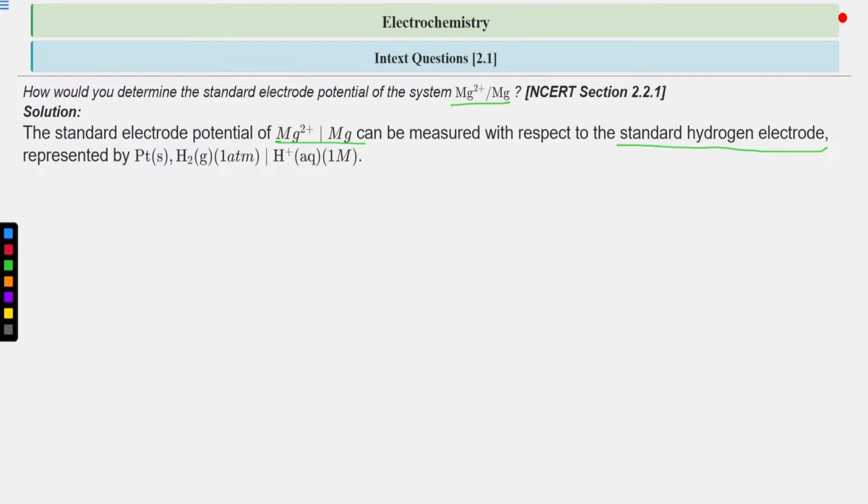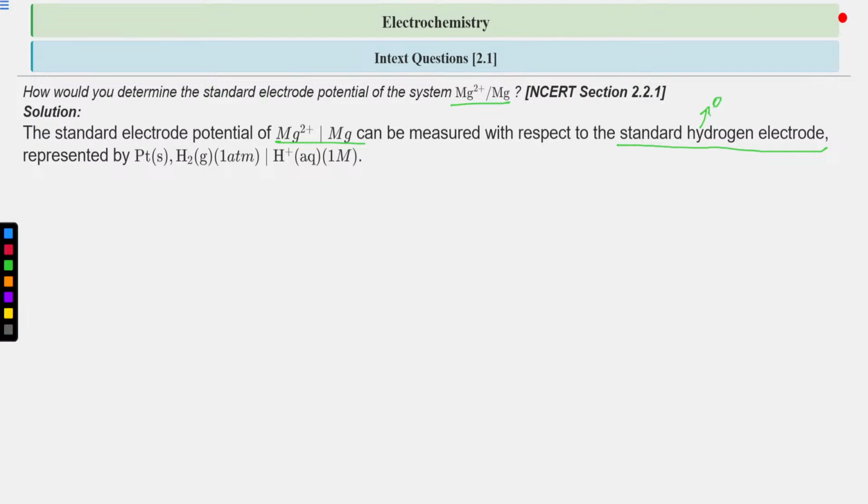Now we have only been provided one half cell, so you take the other half cell as reference, the standard hydrogen electrode. Because it will be easy, as you know the potential for this is 0.